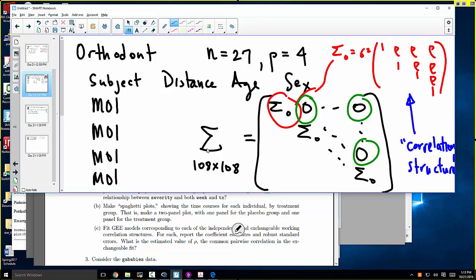So if we sampled with replacement from 1 to 27, suppose we get the numbers 4 and 20 and 8 and then 4 again. Then I would go to the 4th chunk of 4. I would go get the 4th individual's block of stuff and put that in my new Bootstrap data frame.